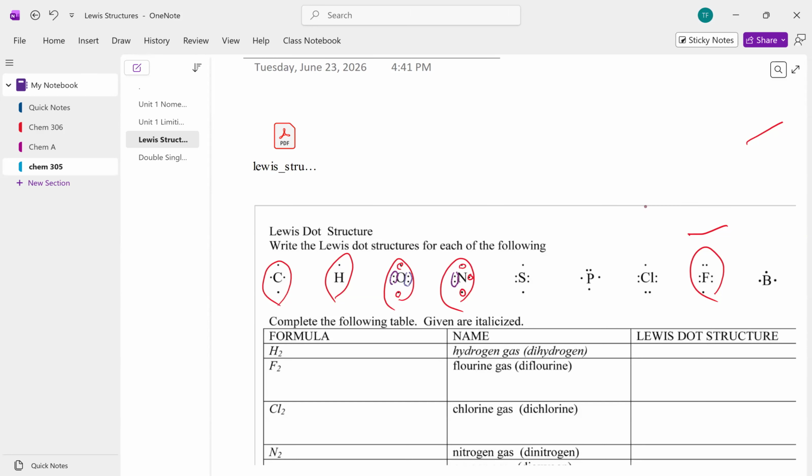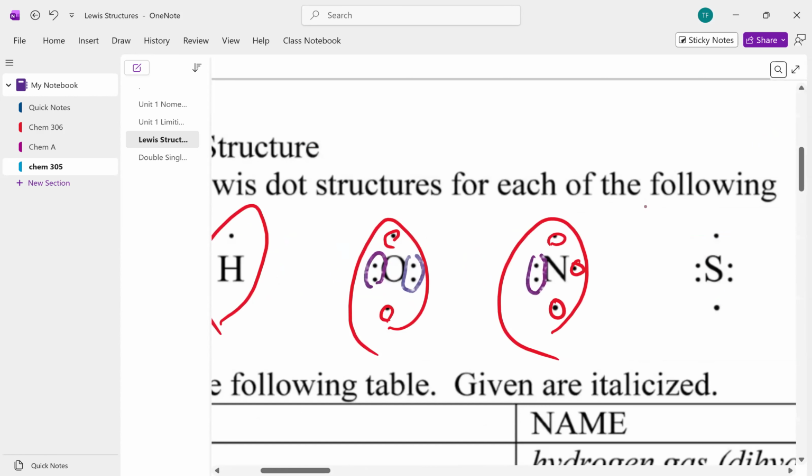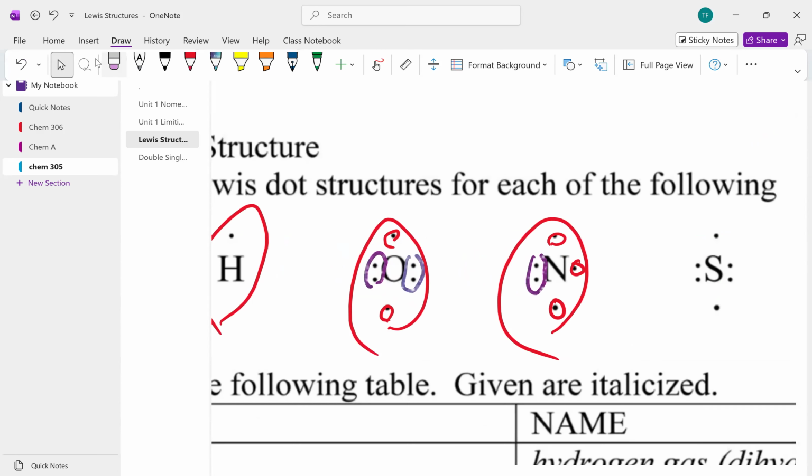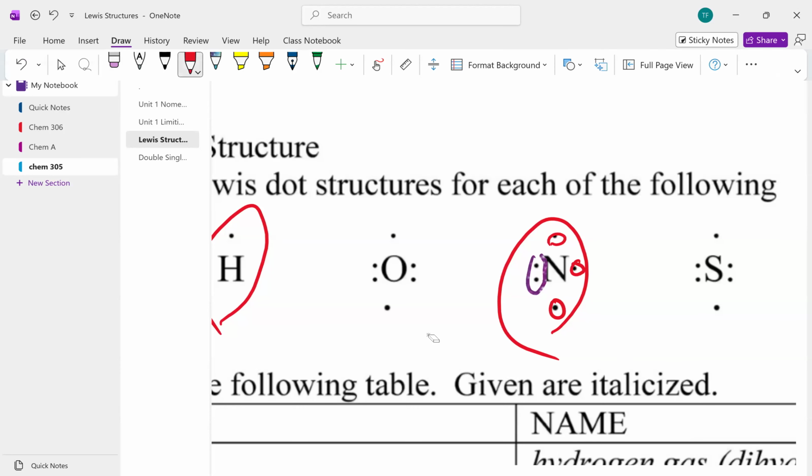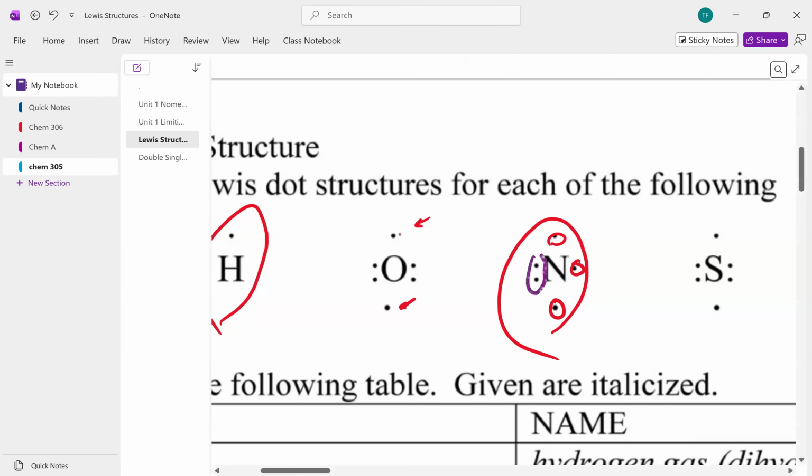So that's why with oxygen here, we've got singleton, that means two bonds. Two pairs.